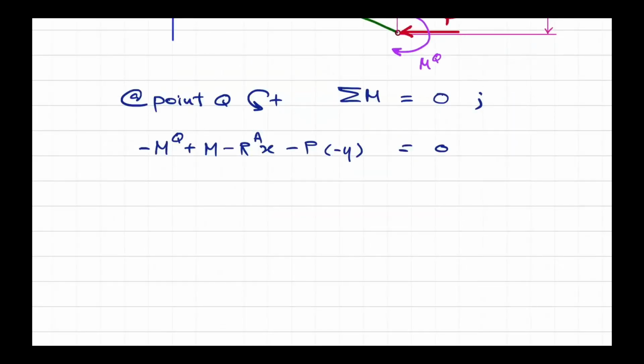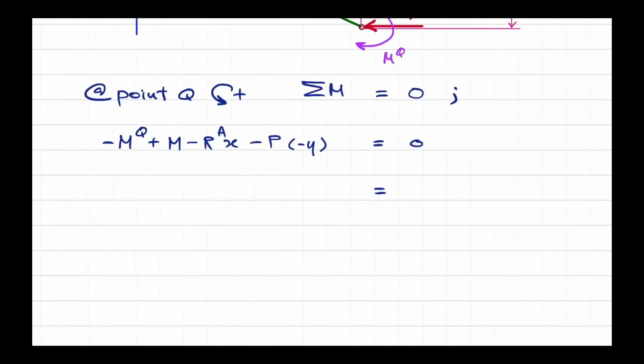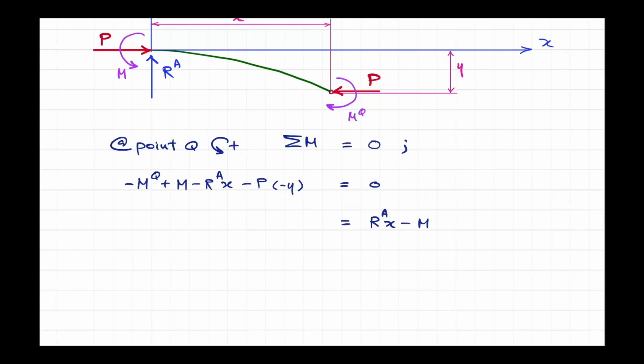And the first thing, we move the RA X minus M to the right hand side first.